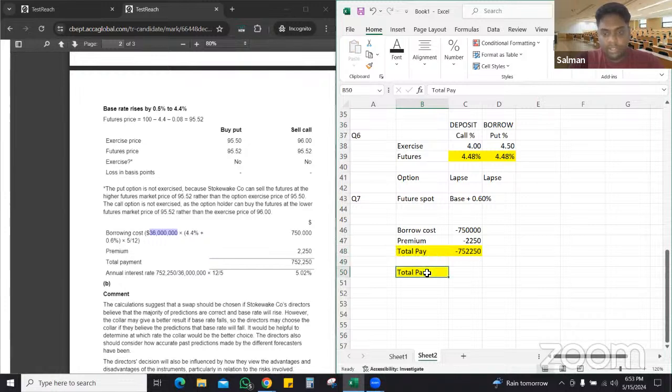Since they want this payment as a percentage, total pay as an annual percentage: we are paying 752,250 for a loan of 36 million, and this interest is paid only for 5 months. How much is it for 1 year, 12 months? So the interest is 5.02%.